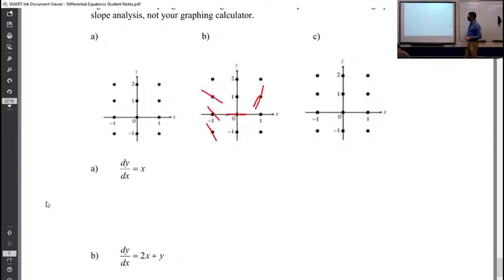When x is negative 1 and y is 2, what will dy dx be? So right here. It's going to be 0. So that's going to be a negative 2 plus 2 is 0. And then we keep working on down the line.